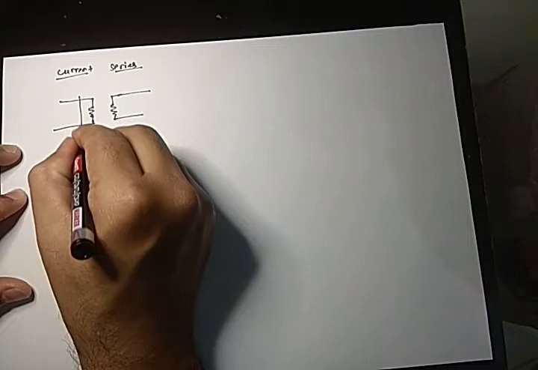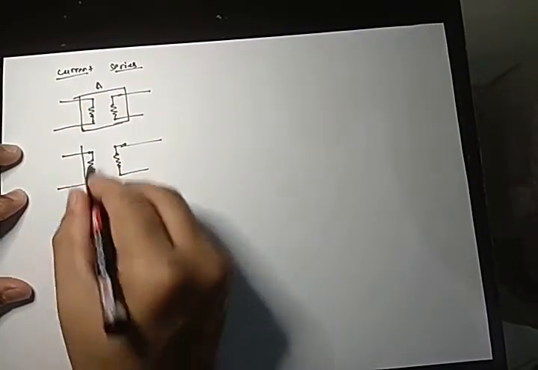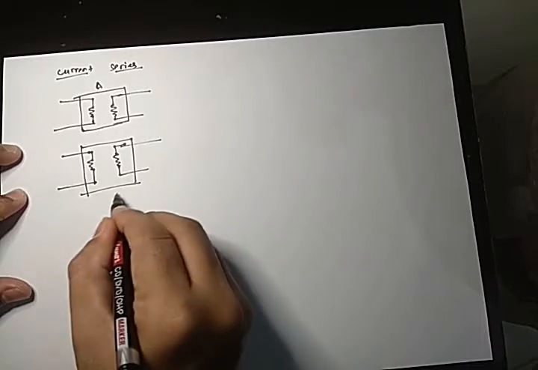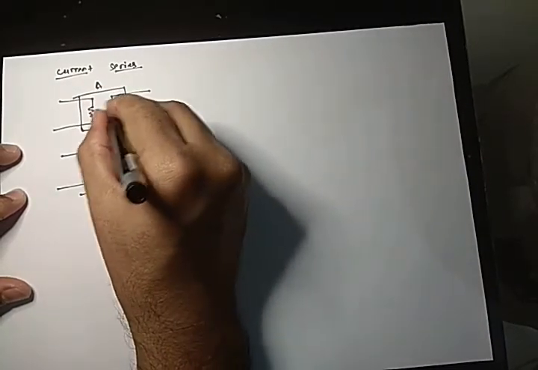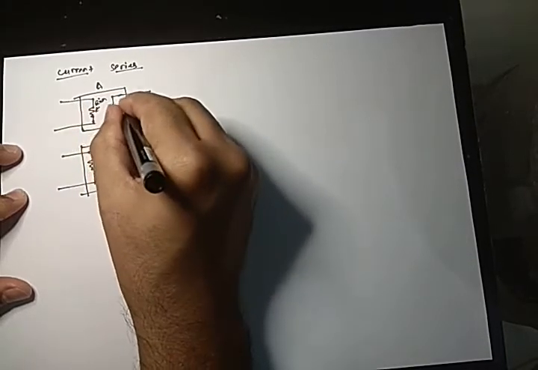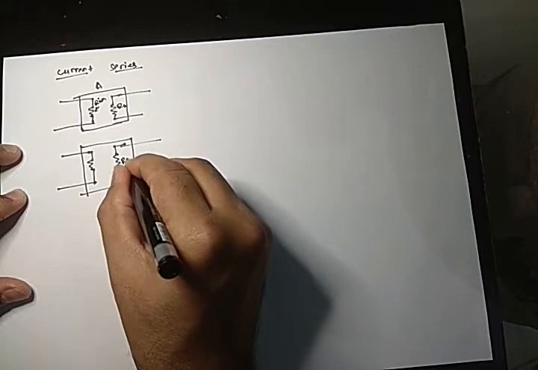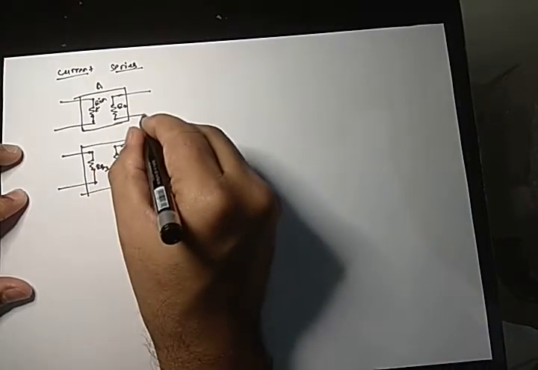This block is your A, this is beta, this is Rin, this is R naught, this is Rp1. Now this is current series.